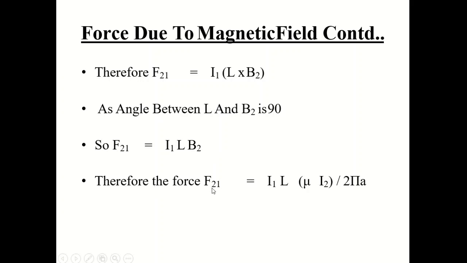Therefore the force F21 equals I1 L mu I2 by 2 pi A, where B2 is mu I2 by 2 pi A. A is the distance between the two wires, and I2 is the current passing through wire 2.